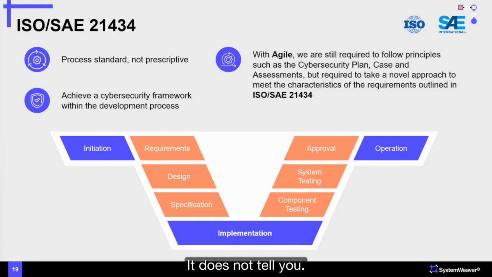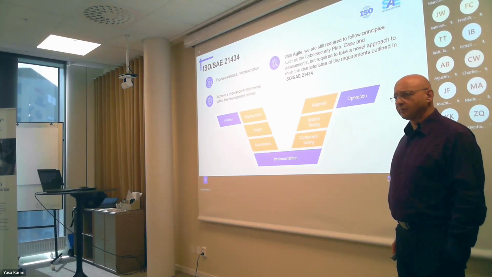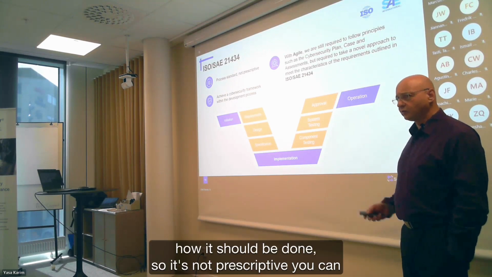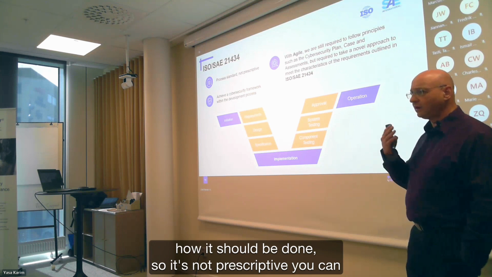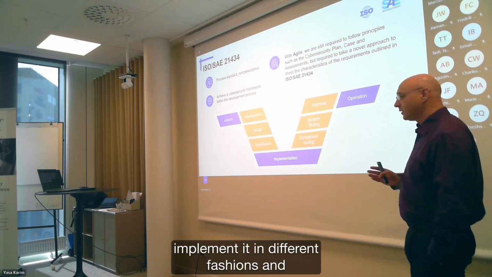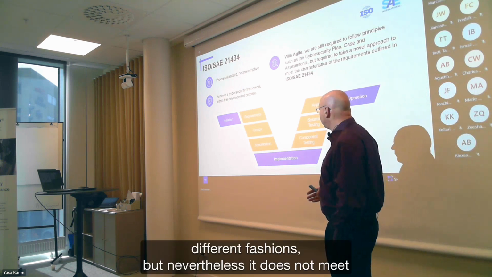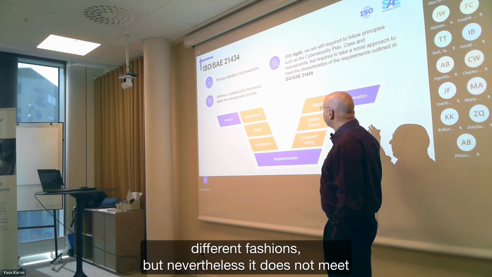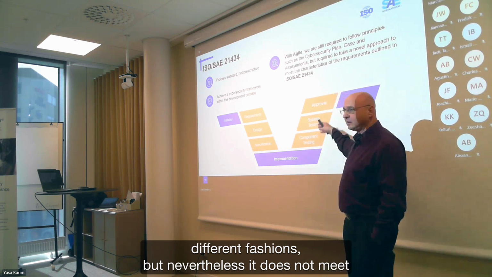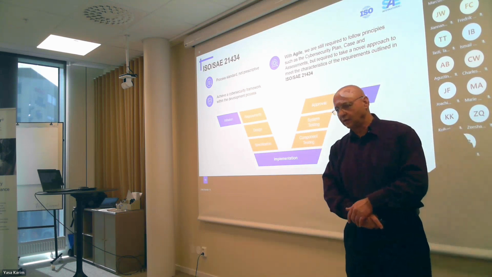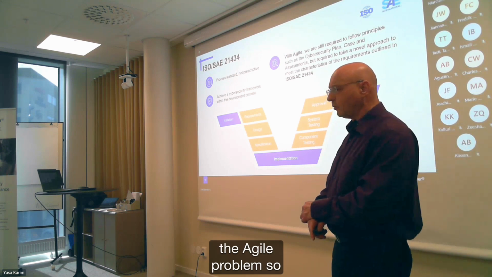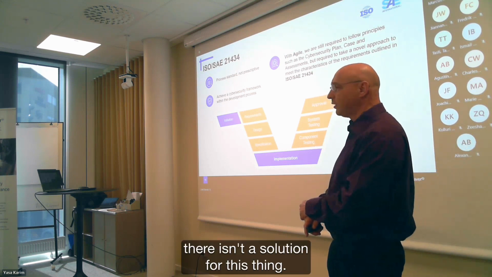It does not tell you what to do. It tells you how it should be done. So it's not prescriptive. You can implement it in different fashions, and different organizations implement it in different fashions. But nevertheless, it does not meet the Agile problem. So there isn't a solution now for this thing.